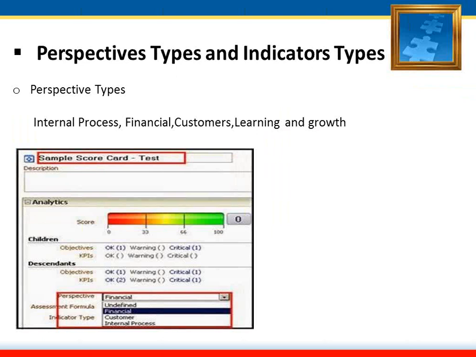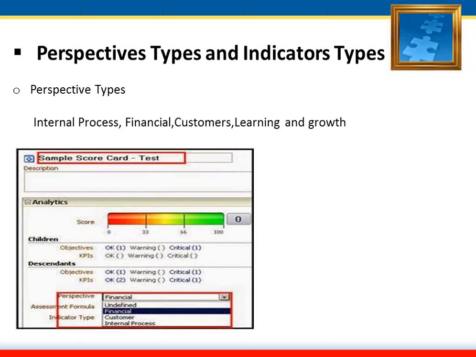So perspective types and indicator types mainly include internal processes, which supports the corporation internally for the performance management strategy using the internal policies and procedures.